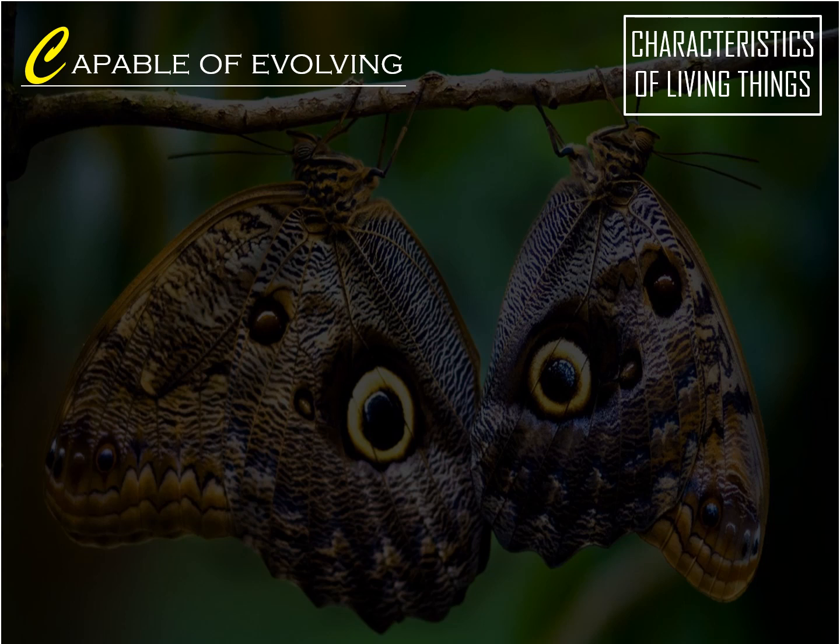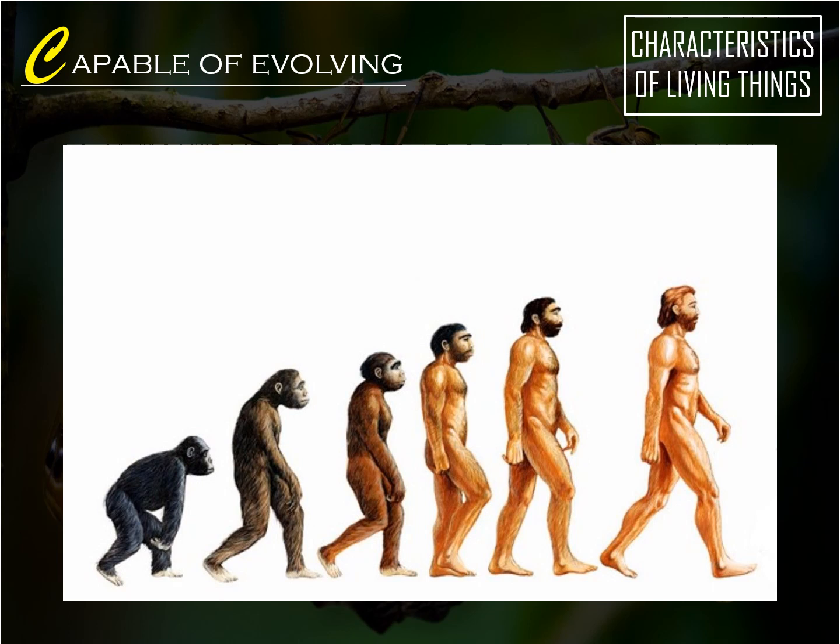Sixth, living organisms are capable of evolving. Living organisms gradually change over many generations in a process called evolution. Evolution ensures that organisms are fully adapted to their surroundings, as well as making others extinct.